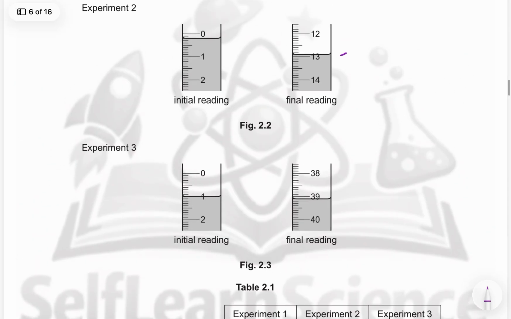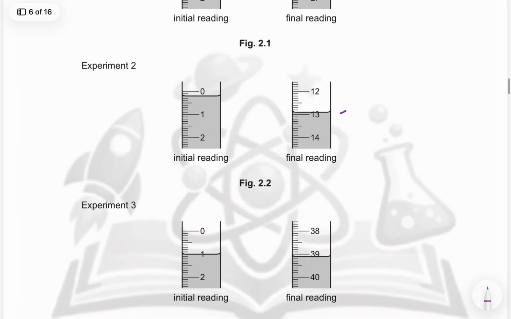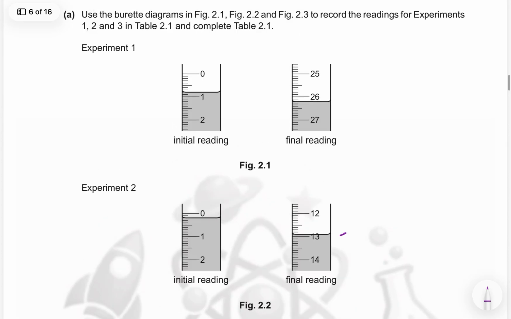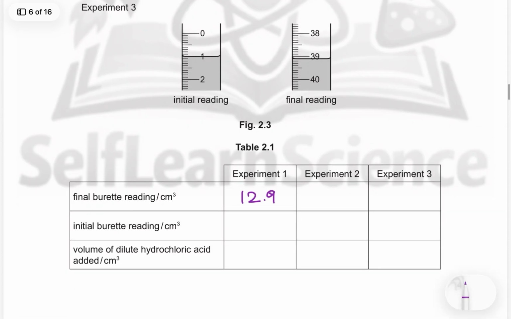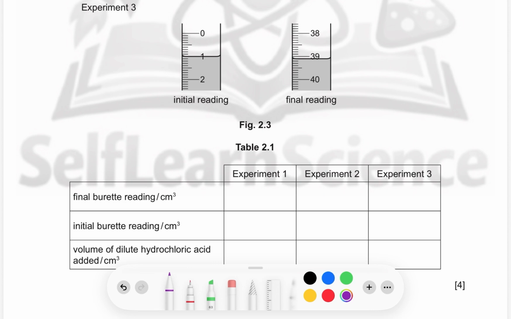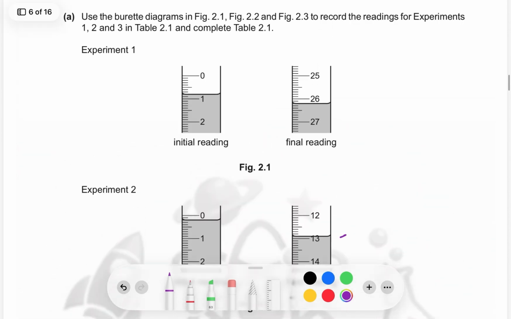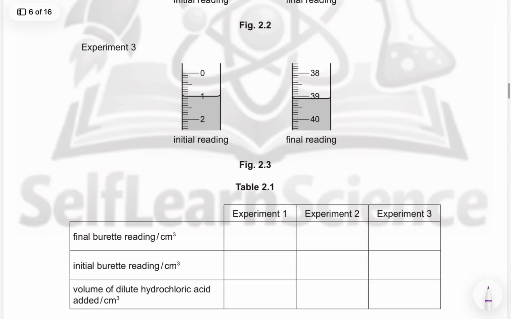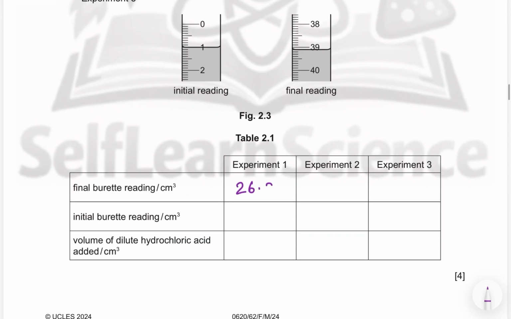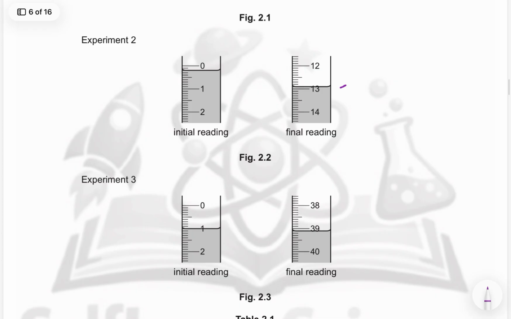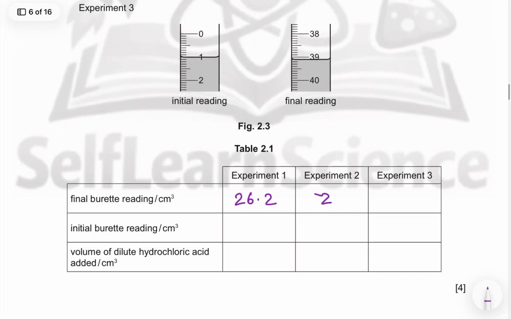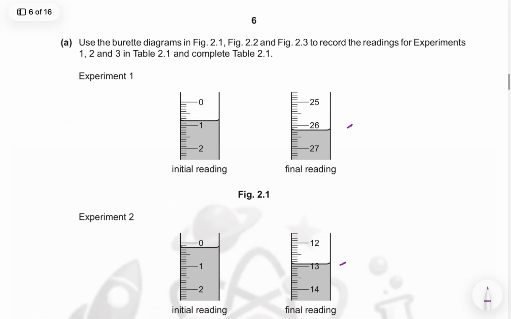For the second experiment it is 12.9. For the third one it is 39.1. The initial reading for experiment 1 is 0.8.